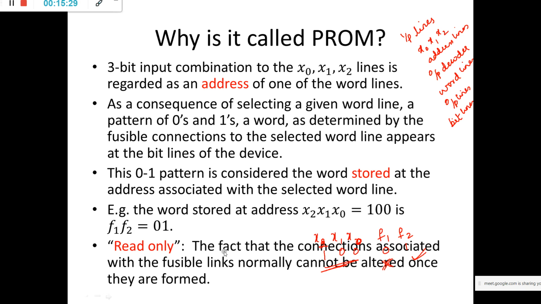So read only. The connections associated with the fusible links normally cannot be altered once they are formed. Read only memory means you cannot alter it, you cannot change it, you cannot edit it. Read only means you can only read it.